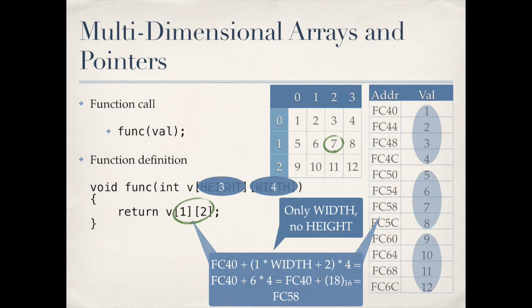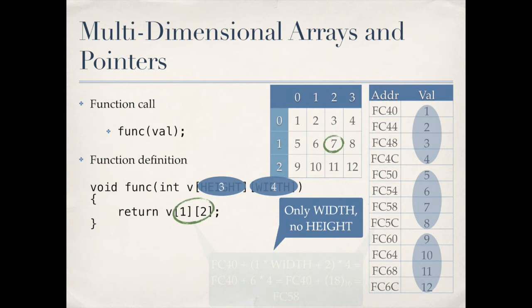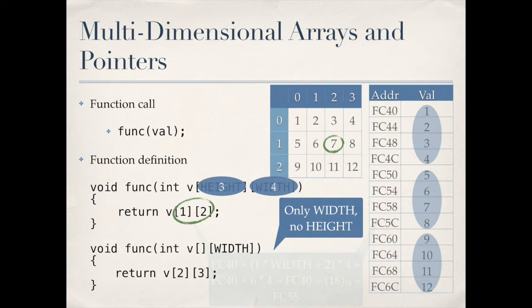So now you can understand why we said in the last session that we don't need the height, or the first dimension, of a multidimensional array. We need all the others because we have to multiply by these, but the first one is not needed.